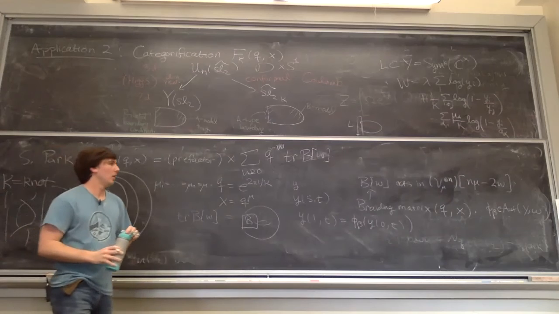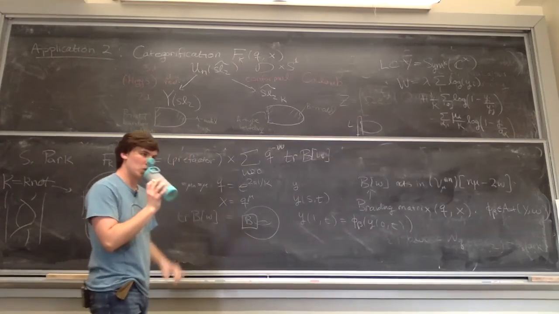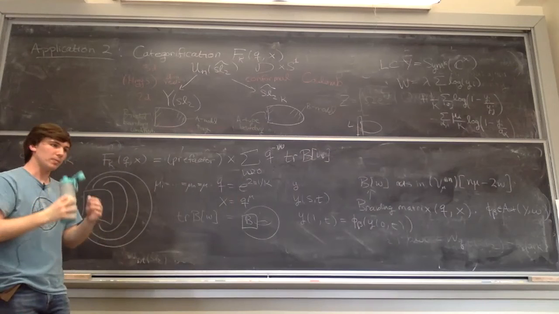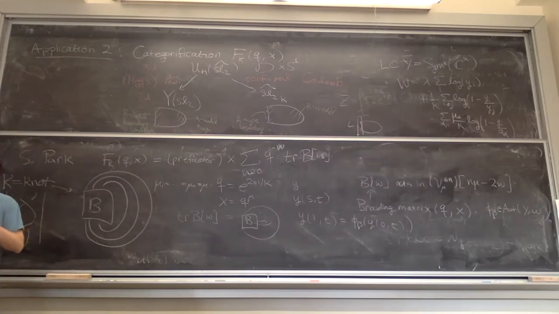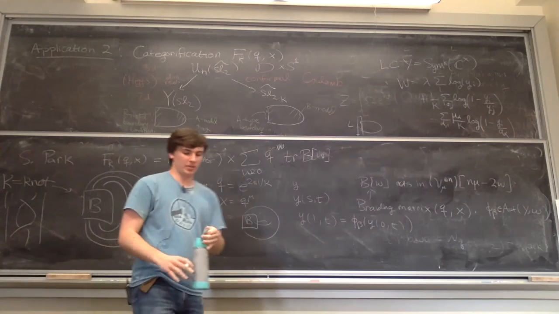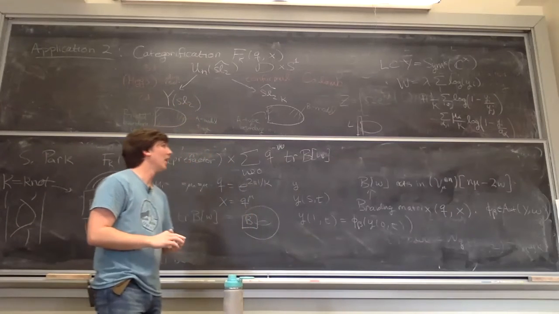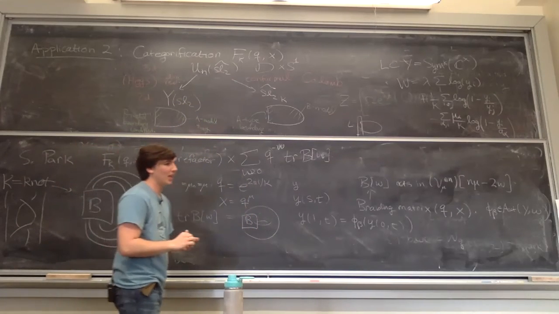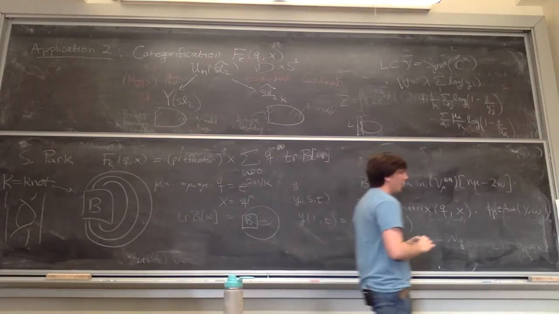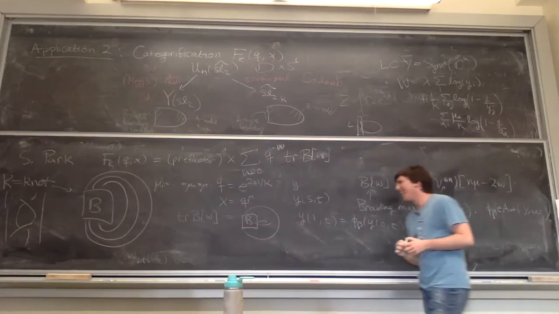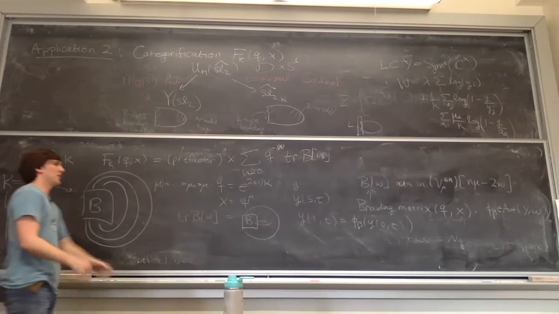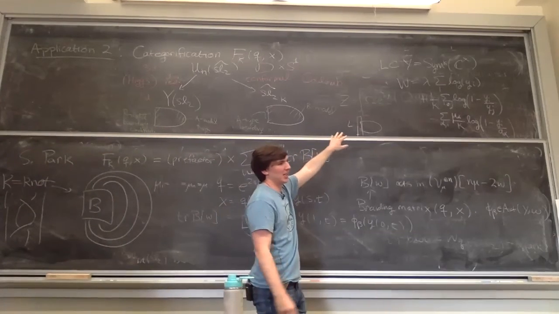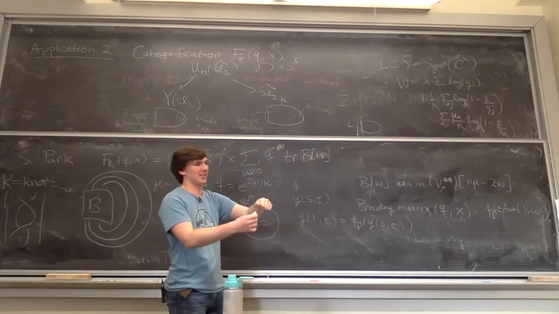All I'm trying to say is you can compare the actual values. The reason we want the trace is that if you try to follow literally the path that was taken before, it requires you to use these cups and caps.